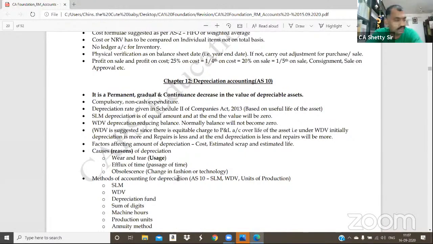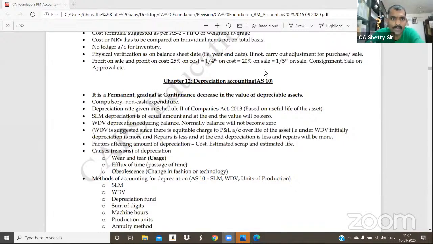Production units expected. First year 30 lakh. Second year 10 lakh.